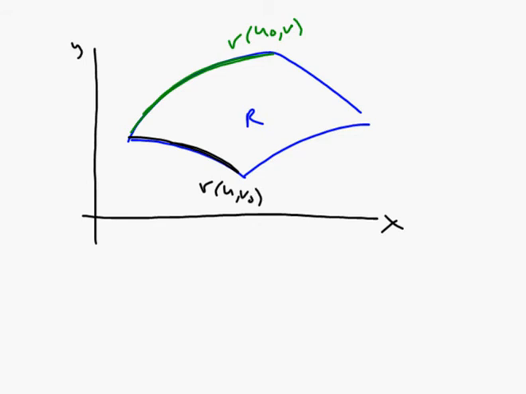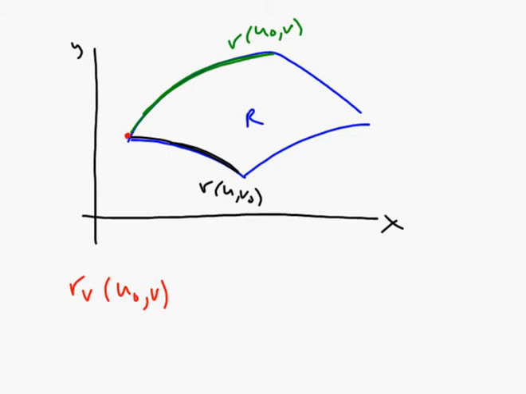All right, so here's what we're going to do. We're going to recall a couple of things we know about vector valued functions and their derivatives. If we consider this quantity, R sub v of u0, v, that's the partial derivative of the vector valued function in the v direction. What would that give us?